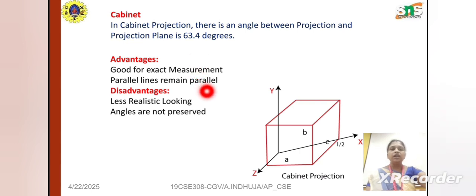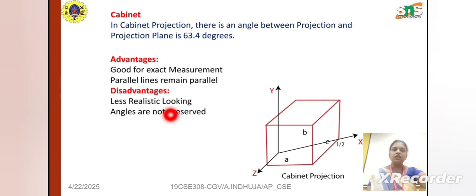The advantage of these is that they are good when we want exact measurement, so this type of oblique projection can be used. Parallel lines remain parallel, so we get an exact image.